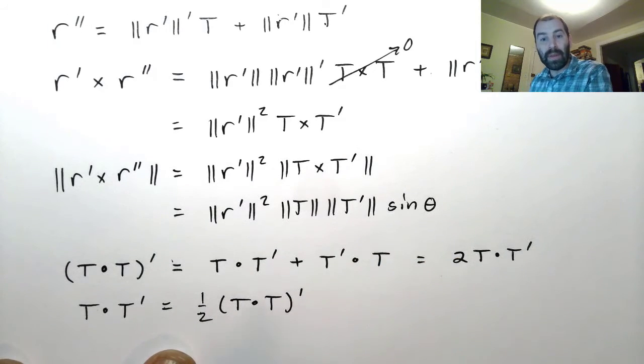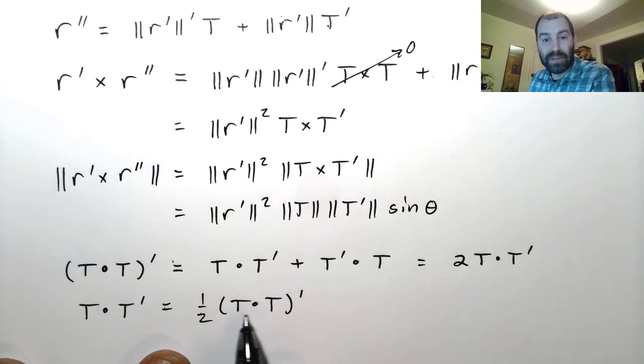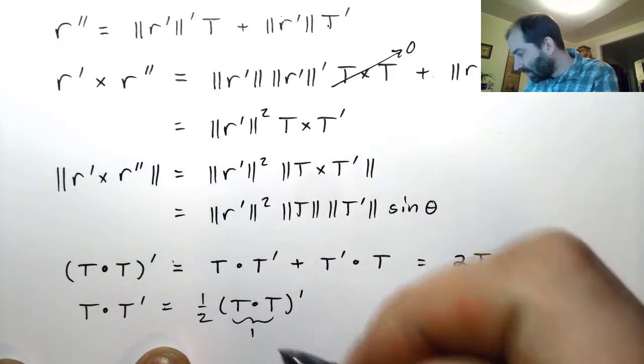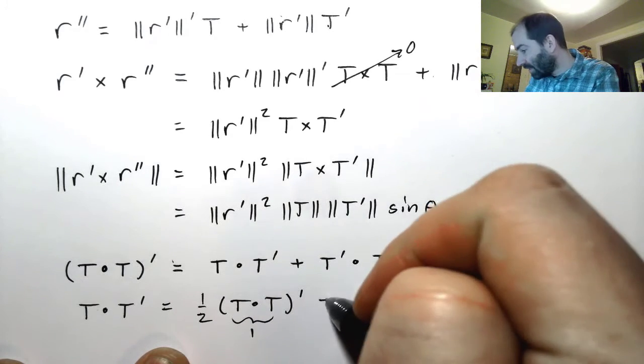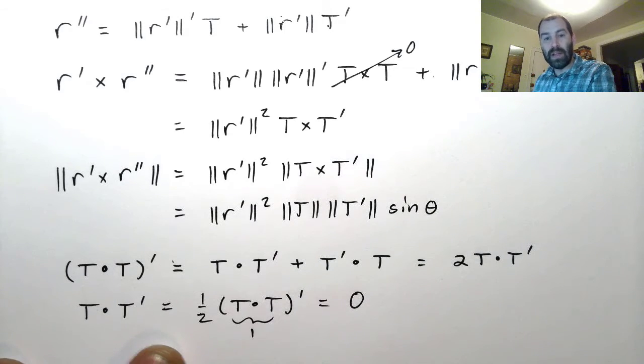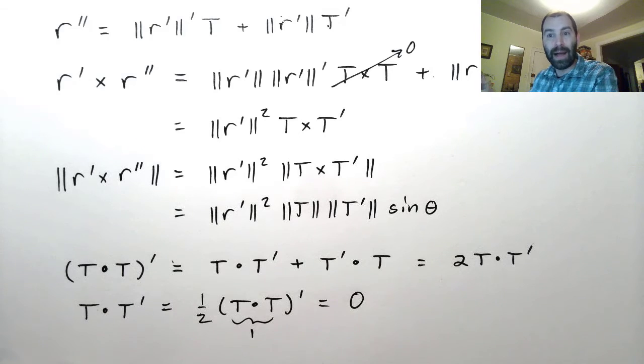But wait a minute. Remember, any vector dotted with itself gives you its magnitude squared. But if t is a unit vector, its magnitude squared is equal to 1. So this is always equal to 1. It's a constant. If I'm differentiating a constant, I always get 0. So now I know that t dotted with t prime is 0. Aha!